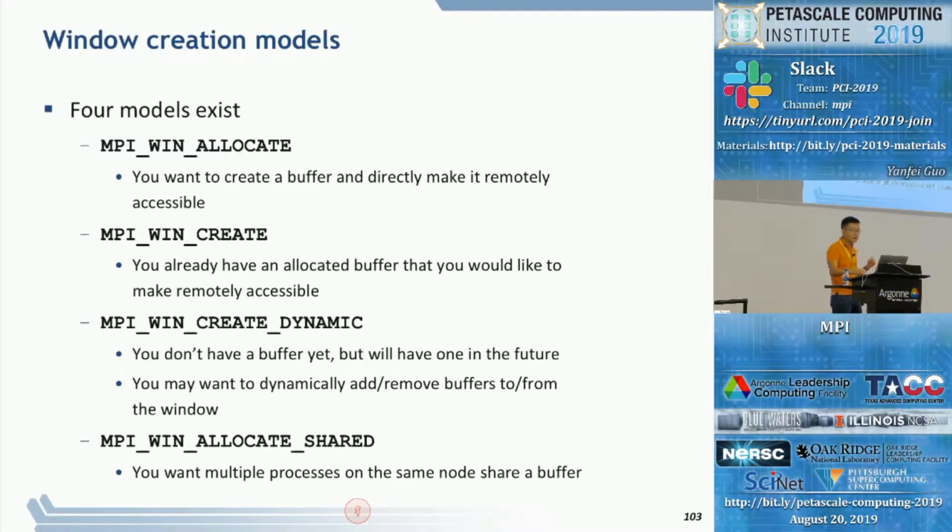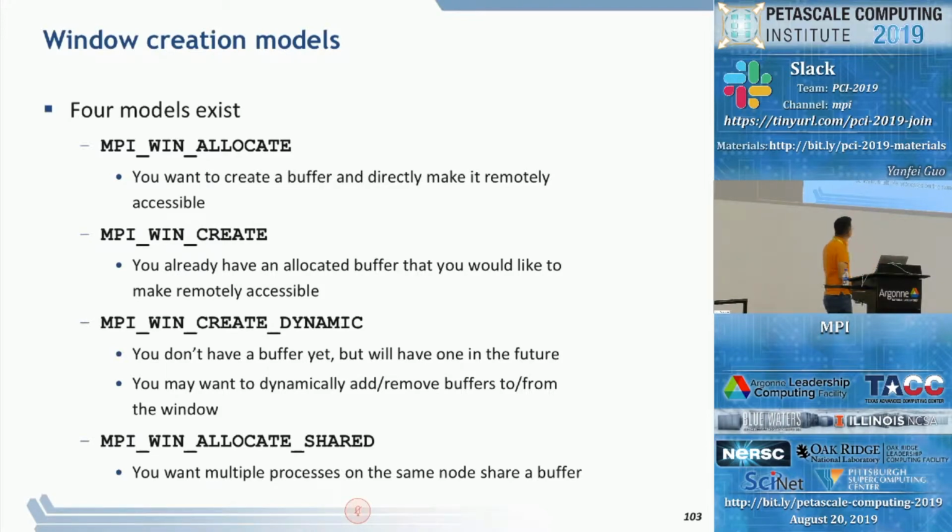That's the simplest case. And then we have MPI_Win_create. This says I already have the memory allocated. I probably already have a buffer, or maybe my math library has allocated a buffer for me, and I'm going to expose that buffer, creating a window that exposes an already existing memory buffer.